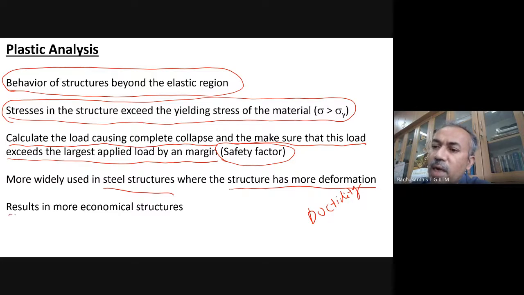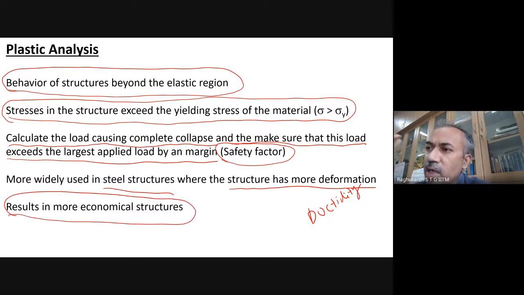It results in more economical structures because you are allowing the structure to go beyond the elastic region. The design loads come out higher, the sizes of the sections become small, the weight of the structure comes down, and that leads to economy. That is the main advantage.